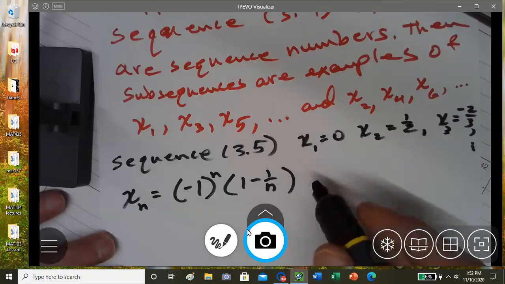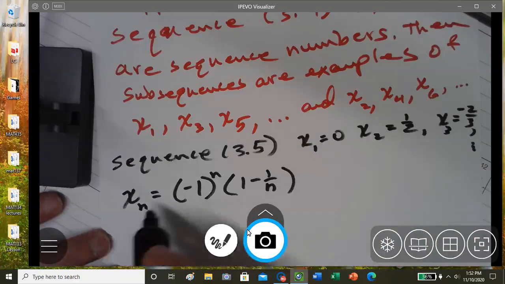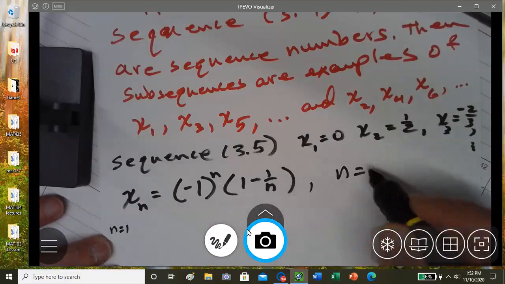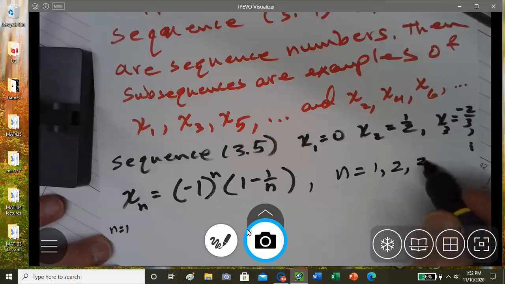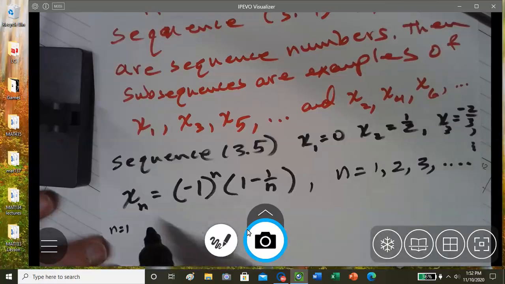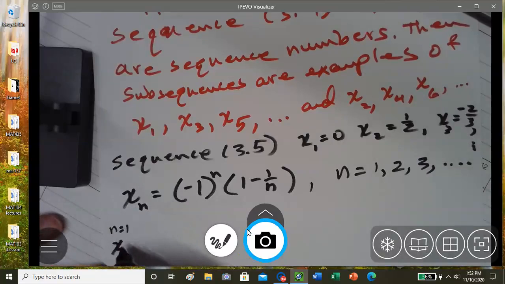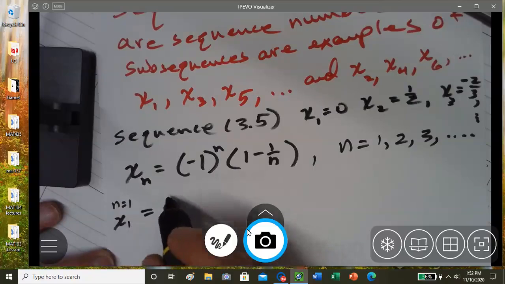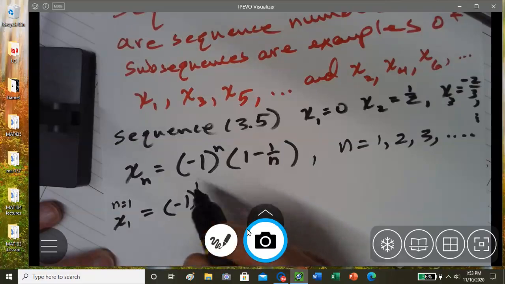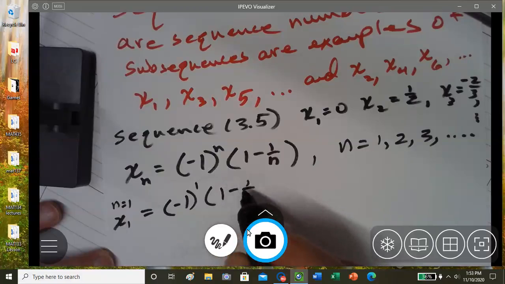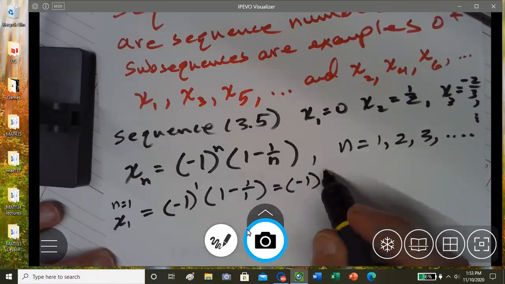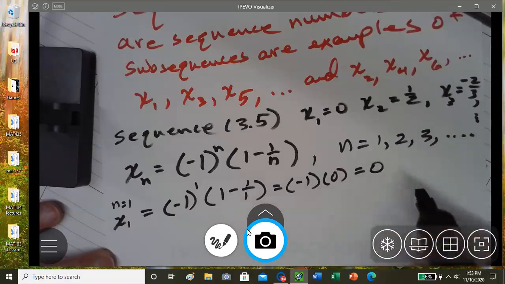All right, and so where n equals 1, 2, 3, and that continues. If we look at x sub 1, where n equals 1, this would be negative 1 to the 1 power, 1 minus 1/1, which is negative 1 times 0 equals 0.